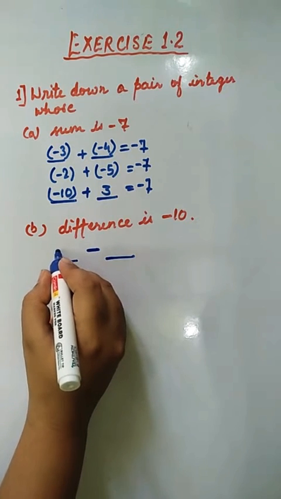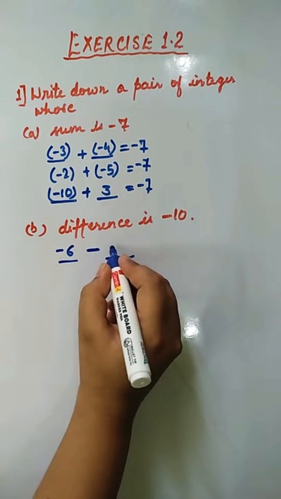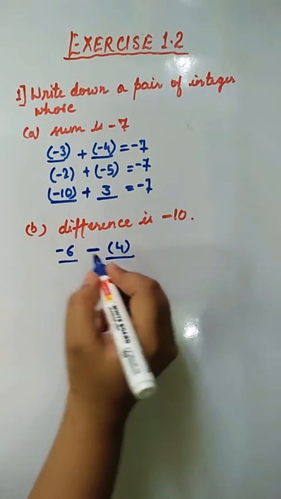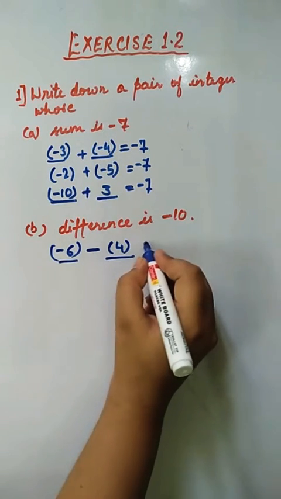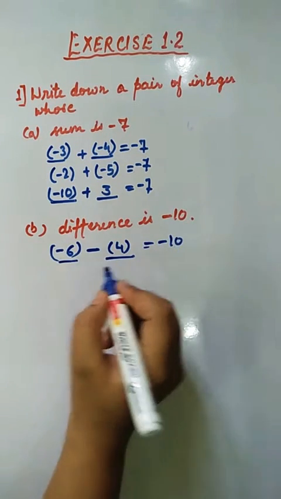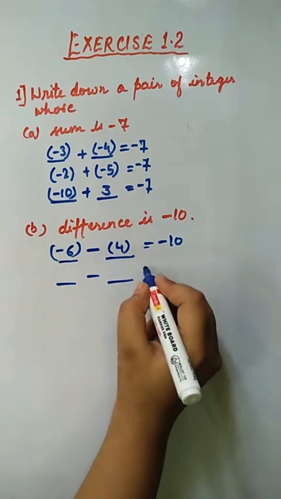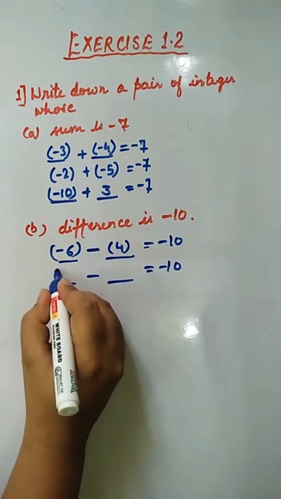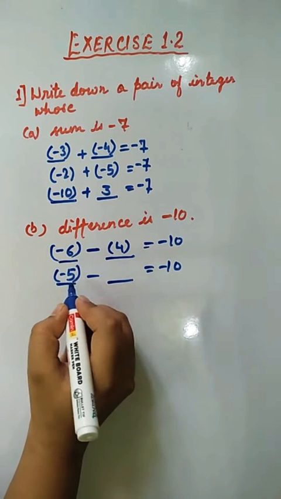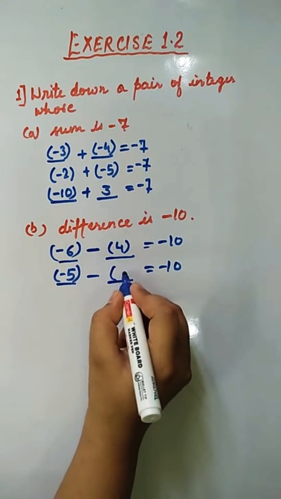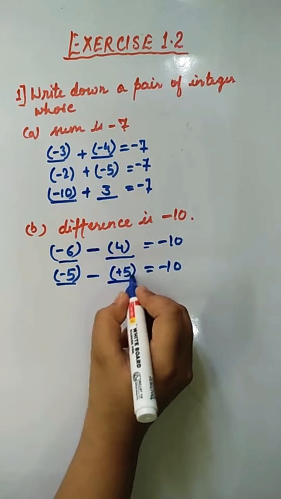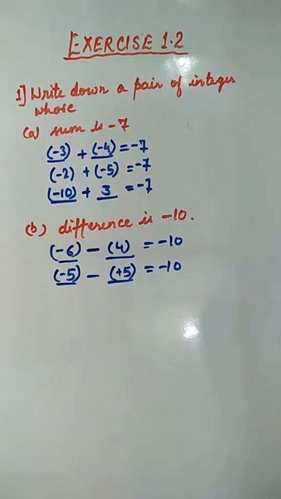We can write -6 and 4. So their difference is -10. Or what else can you write? We can write -5 and +5. Again the difference will be -10.